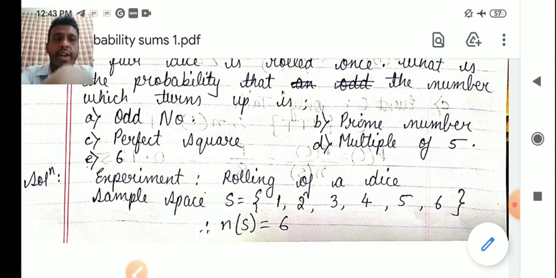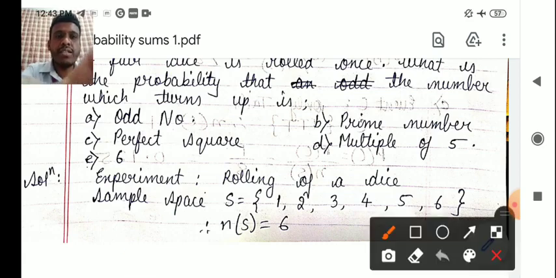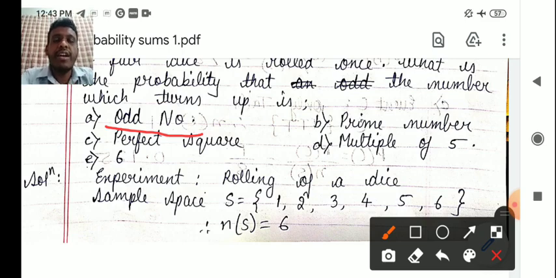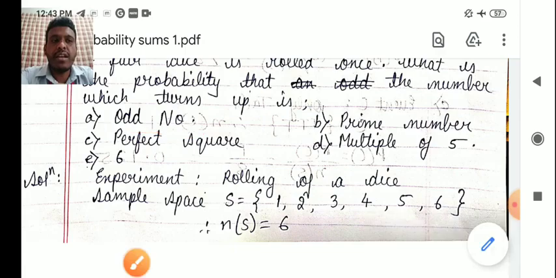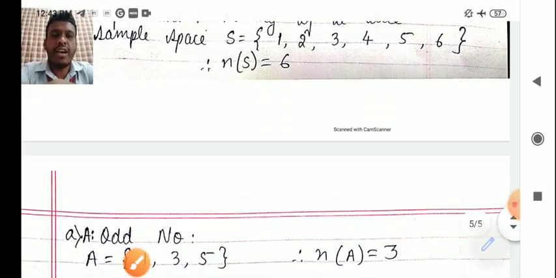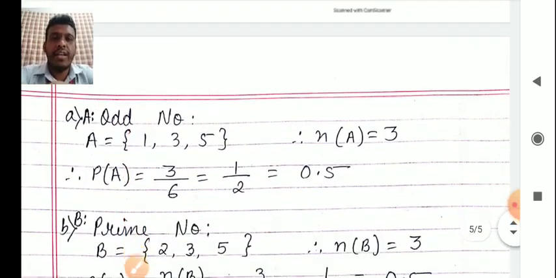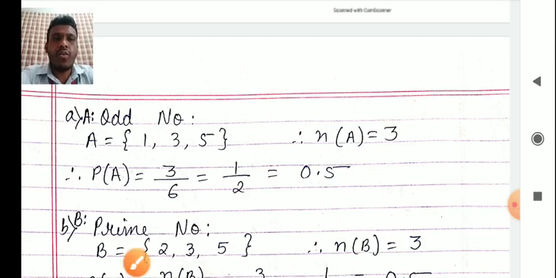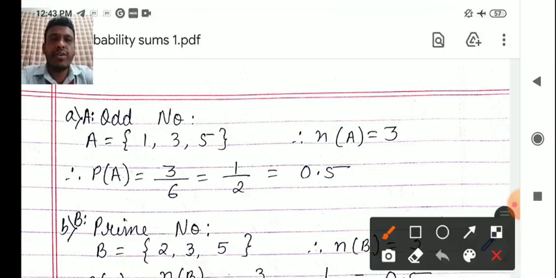Now let's move experiment wise. The first event that we are interested in is, it is an odd number. So let's write it. Event A, it is an odd number. Okay, so it is similar to the one example that we have done previously, where an even number we have taken.